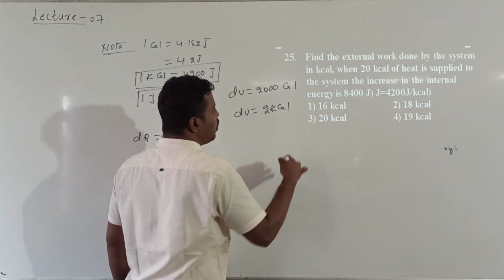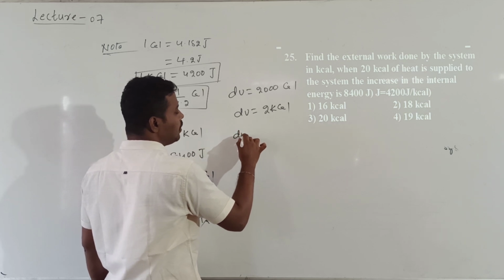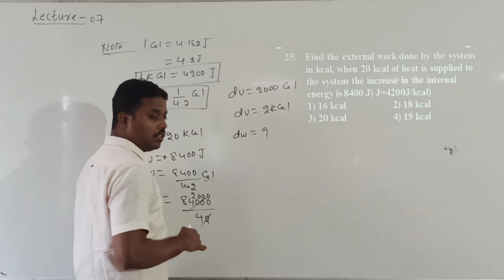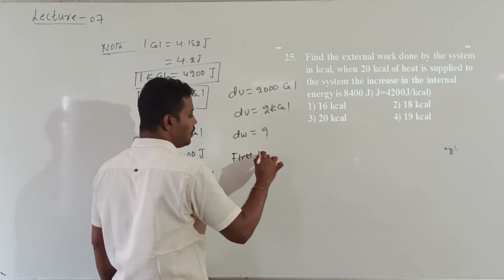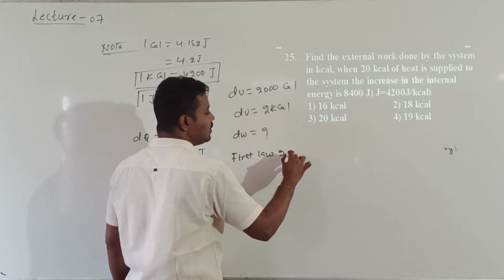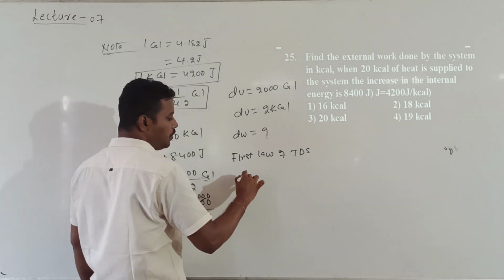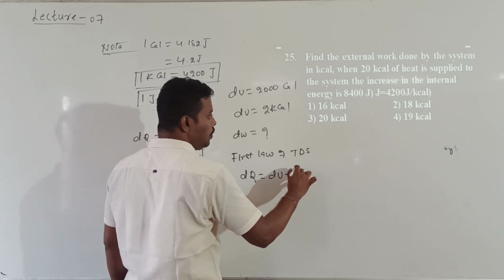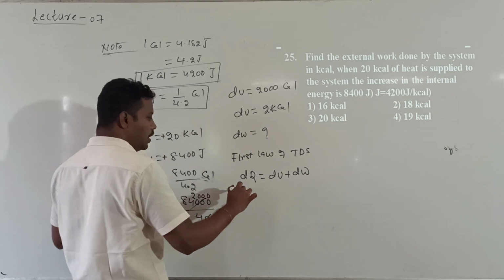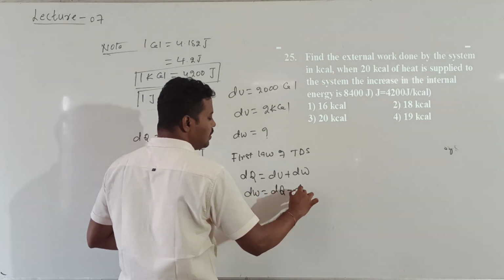Now what are they asking us to calculate? The work done, dW. To calculate dW, we use the first law of thermodynamics, which is a consequence of the law of conservation of energy. dQ is equal to dU plus dW, so dW is equal to dQ minus dU.